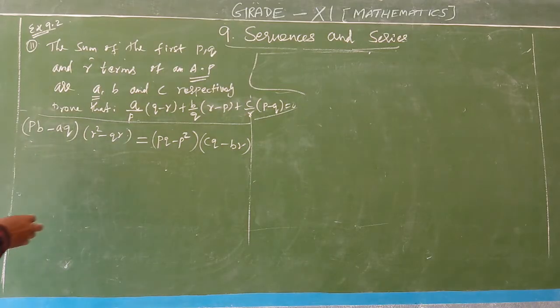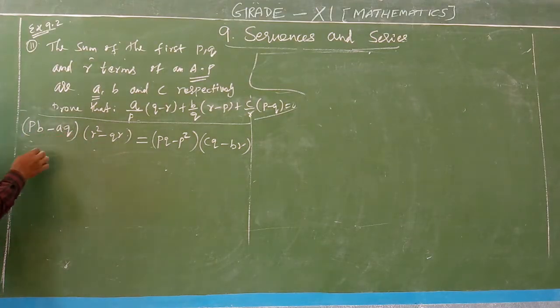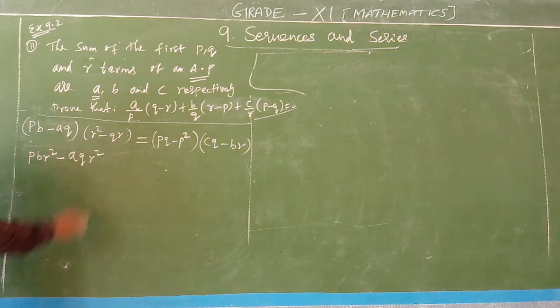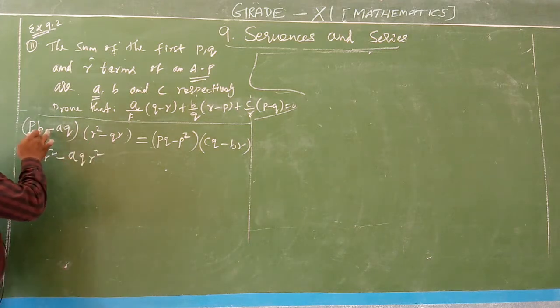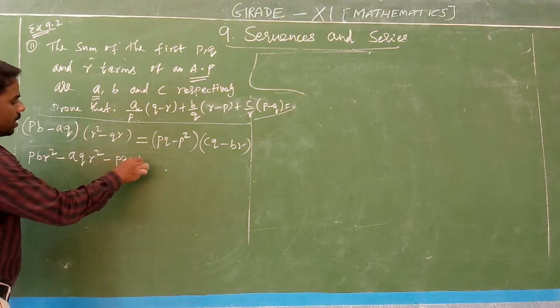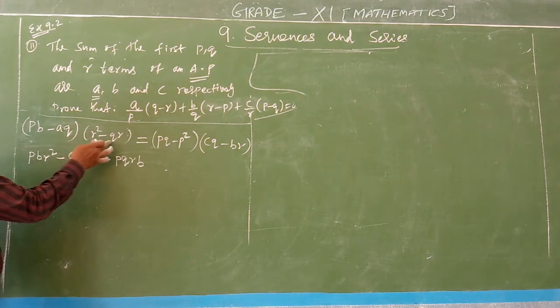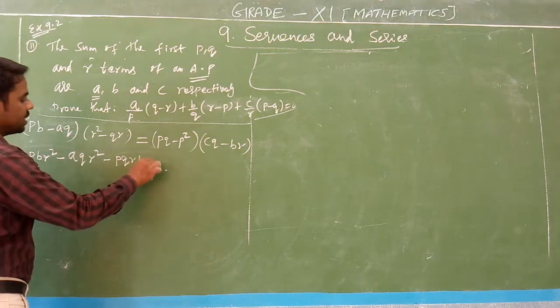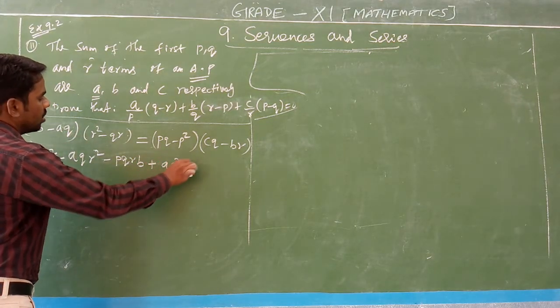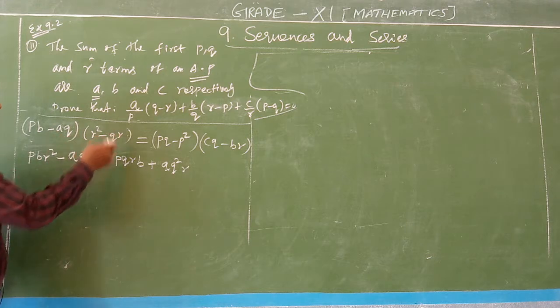Multiply this value, r squared of pb, so pb r squared; into aq, that is minus aq r squared; and minus qr into pb is minus pqrb; minus qr into minus aq is plus aq squared r.